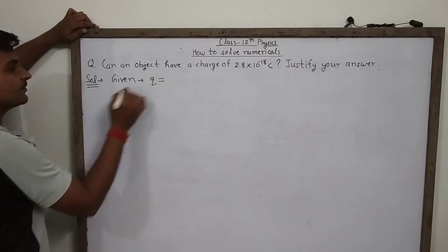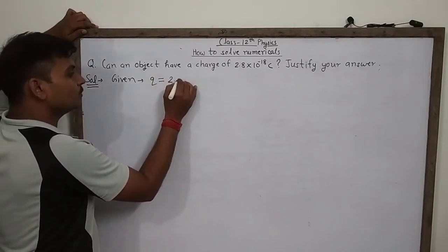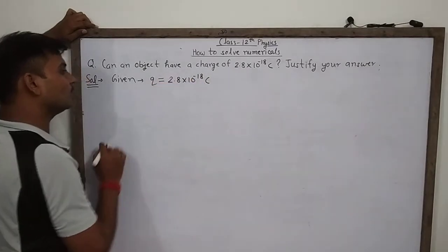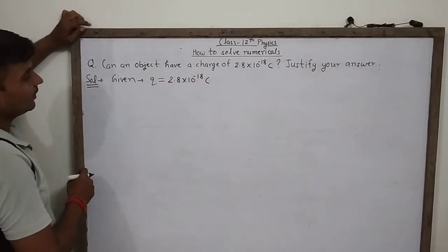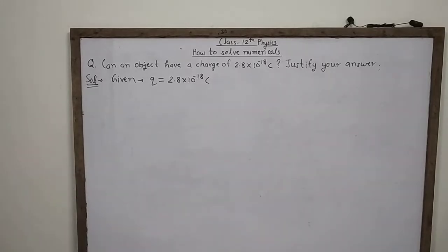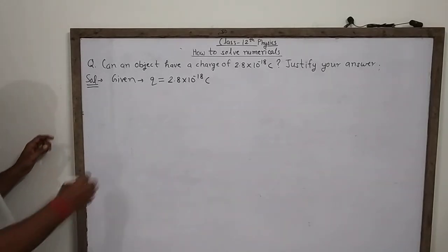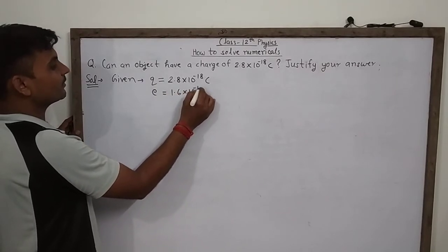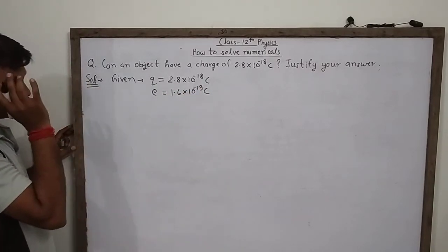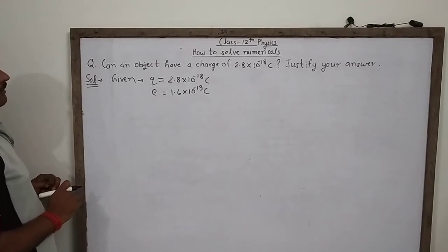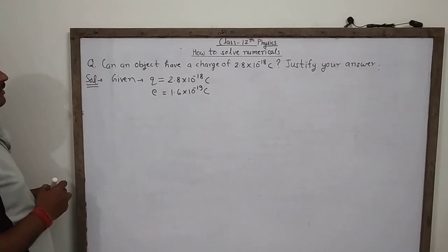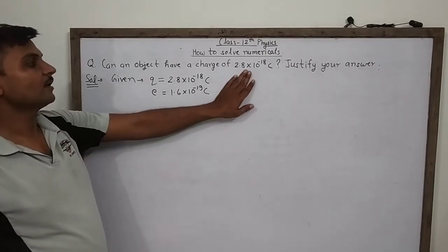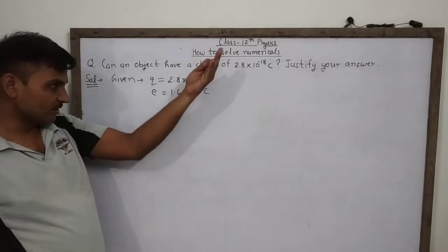You are given that the quantity of charge Q is equal to 2.8 into 10 to the power minus 18 coulomb, and the elementary charge E is equal to 1.6 into 10 to the power minus 19 coulomb. Now we have to check how many electrons are transferred to or from this body.